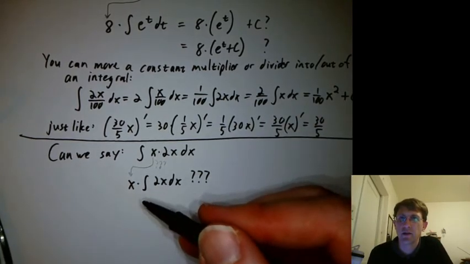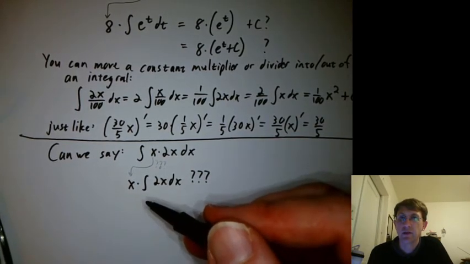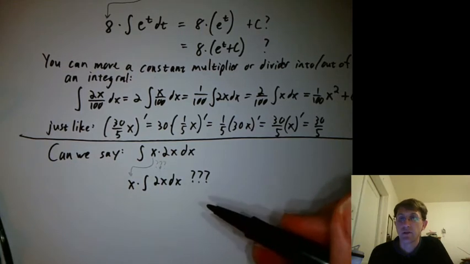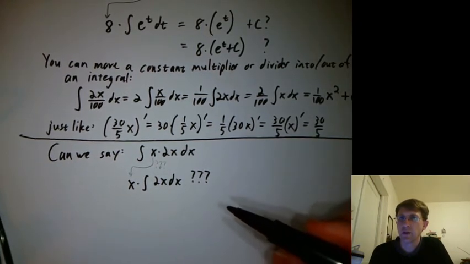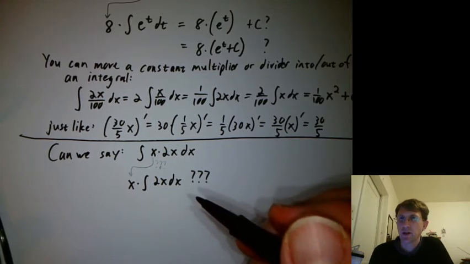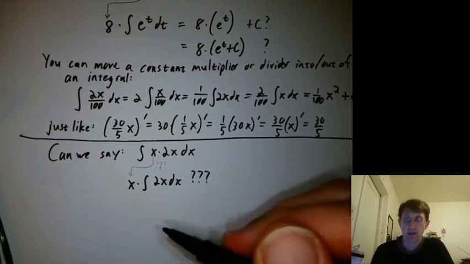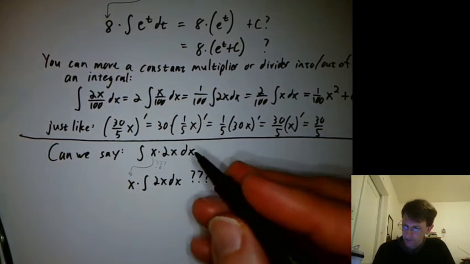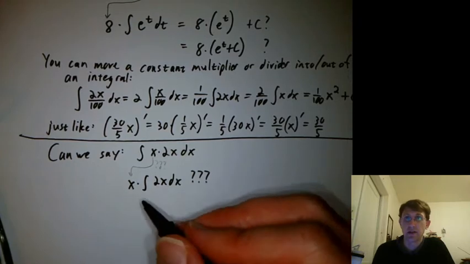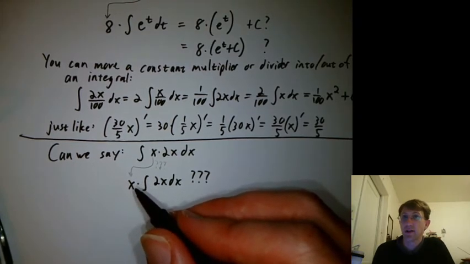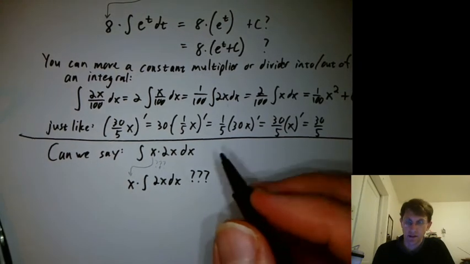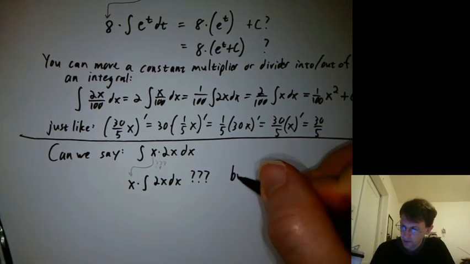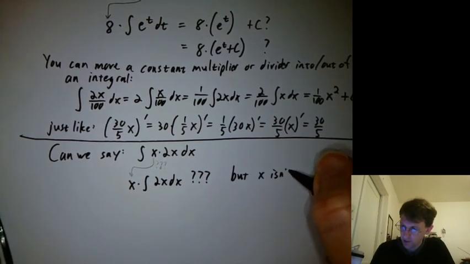Desmos doesn't have an integral like this where we're just saying take the antiderivative. Desmos can't take an antiderivative formula for us. So to check stuff, we have to be a little clever about how we get Desmos to do derivatives to check things instead of antiderivatives. What's your impression here? Do you think this works? Well, x is not a constant multiplier, so the constant multiplier rule would not apply, and so we're guessing that this is not allowed. So we'll say, but x isn't a constant multiplier.